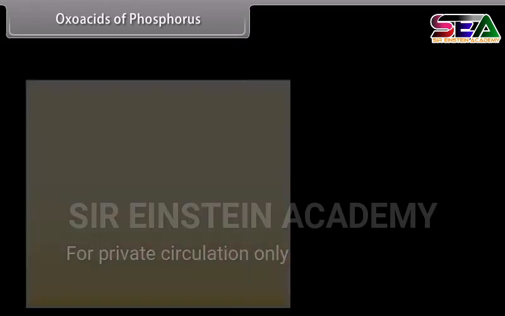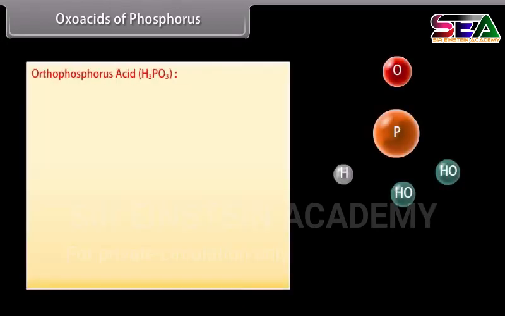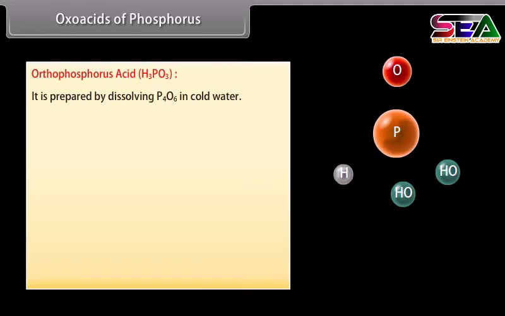Oxoacids of phosphorus. Phosphorus forms a number of oxoacids. The important oxoacids of phosphorus are the following. Orthophosphoric acid. It is prepared by dissolving P4O6 in cold water.